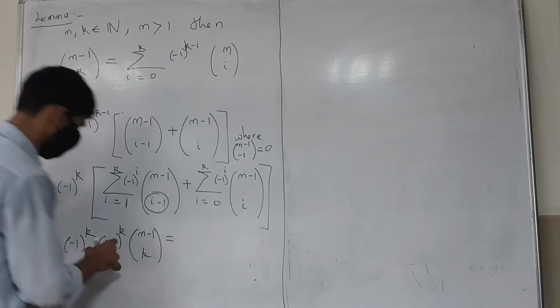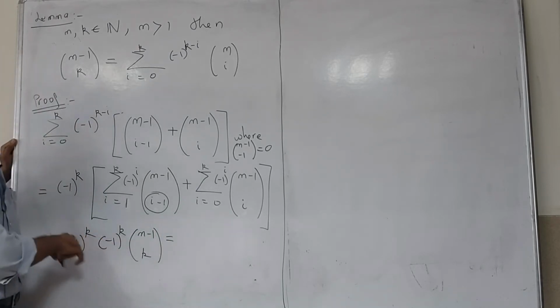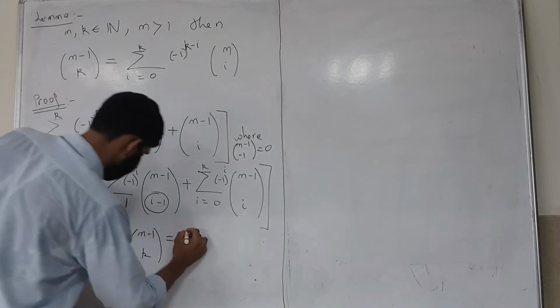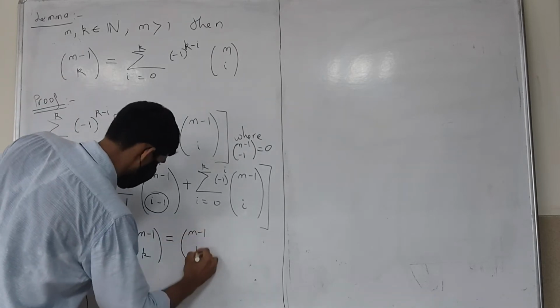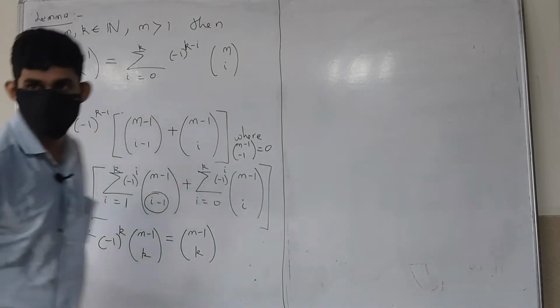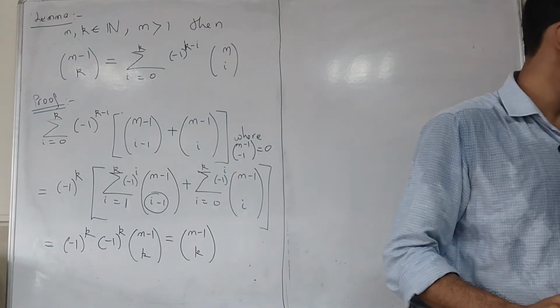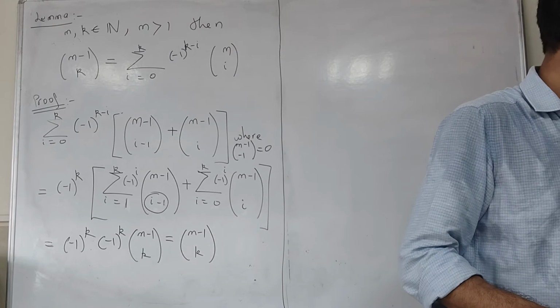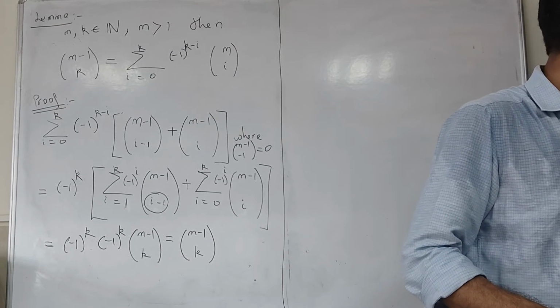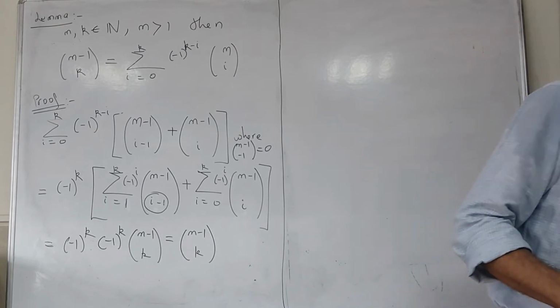Minus 1 raised to 2k is 1, so this is (m minus 1) C k. That's exactly what we want. That's it. So this is the identity that we use to prove Bonferroni's inequality.